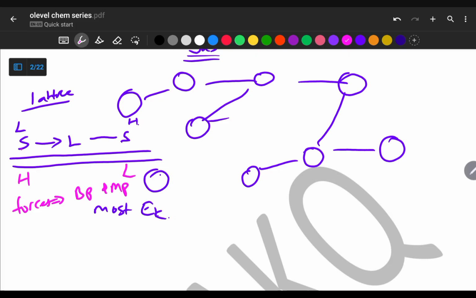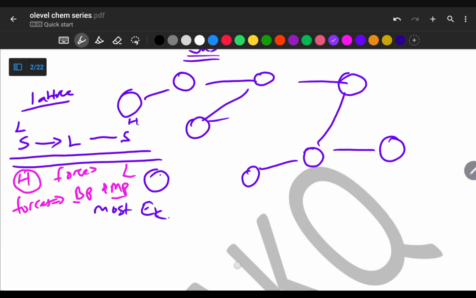So when you are given a gas and a solid, and you are asked to comment on their boiling points, basically a solid has a higher boiling point and a higher melting point compared to the two. Why? Because of the strength of the forces, what you call the electrostatic forces of attraction. So this is what you need to know.